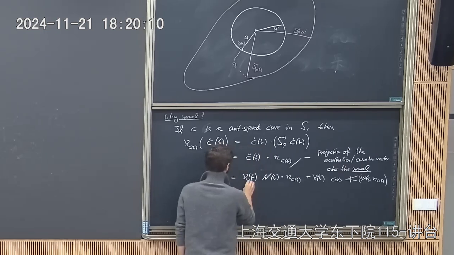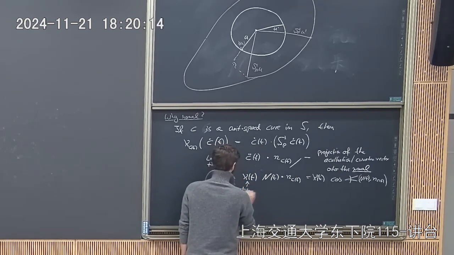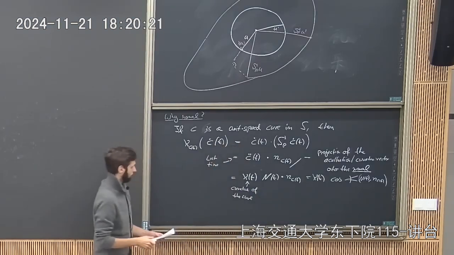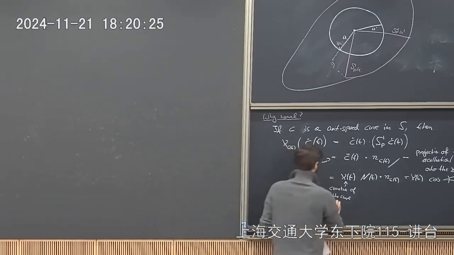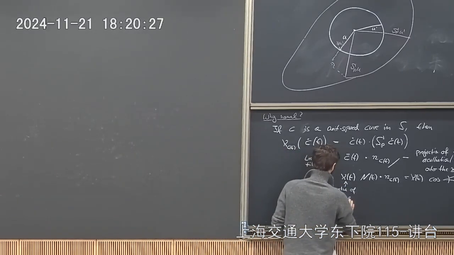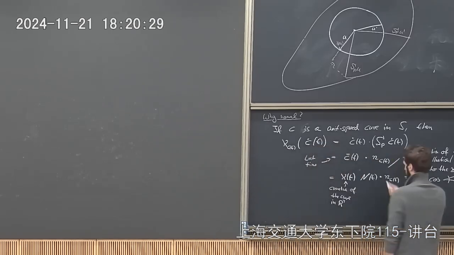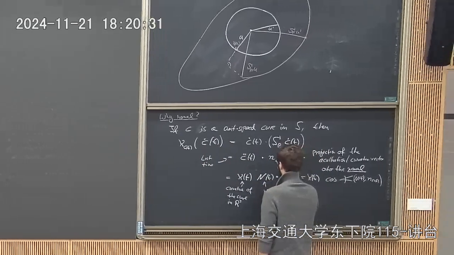So here is the curvature of the curve, seen as a curve in R3, just like a normal space curve, and that one is the normal vector of the curve.